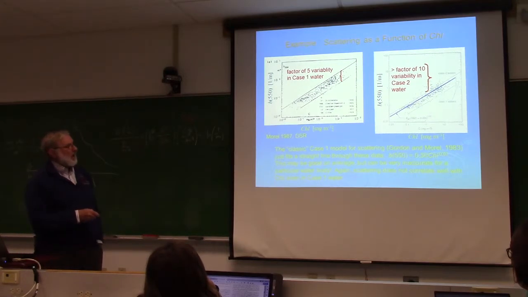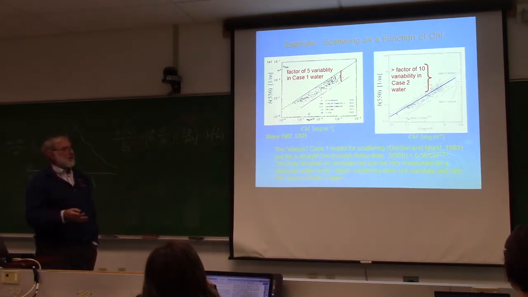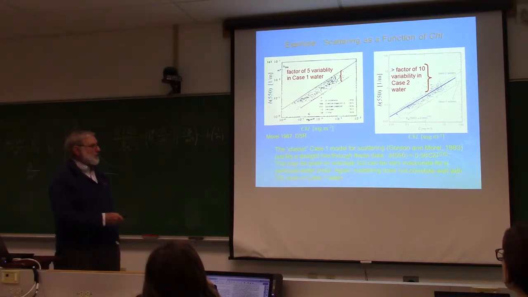Here's where he added in some case 2 waters, and now you get, of course, even bigger variability. And then Morel and Howard Gordon simply took this data and got the best fit curve through it and said that's going to be our model for the scattering coefficient as a function of chlorophyll, at least for case 1 water.